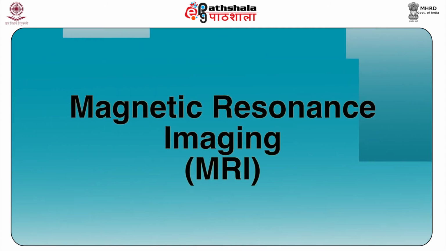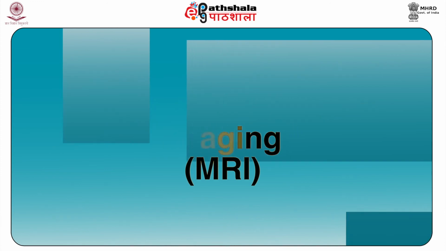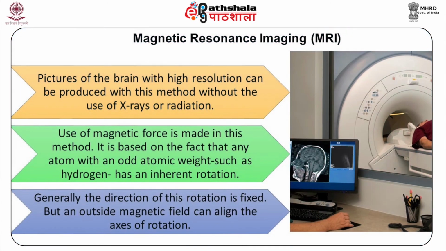Magnetic resonance imaging, also known as MRI. It is also known as nuclear magnetic resonance, NMR. Pictures of the brain with high resolution can be produced with this method without the use of X-rays or radiation.